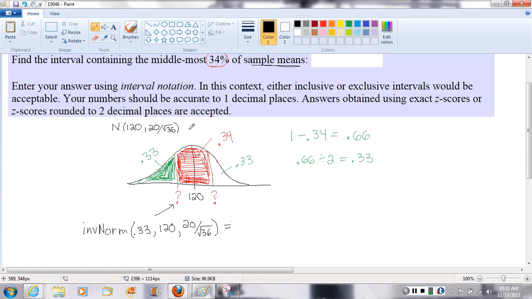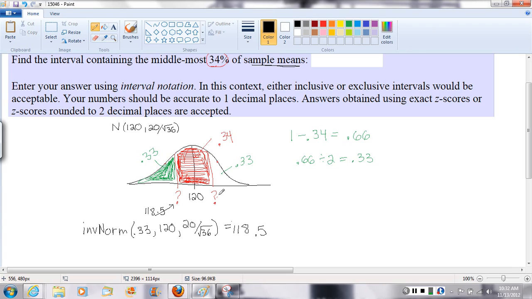And the answer I'm getting is 118.5336. Your numbers should be accurate to one decimal place in our final answer. So it's going to be 118.5. That's this number right here.